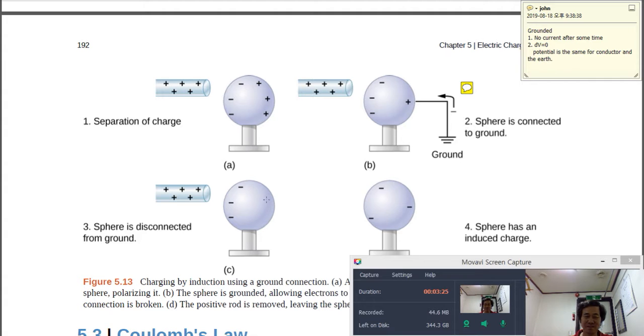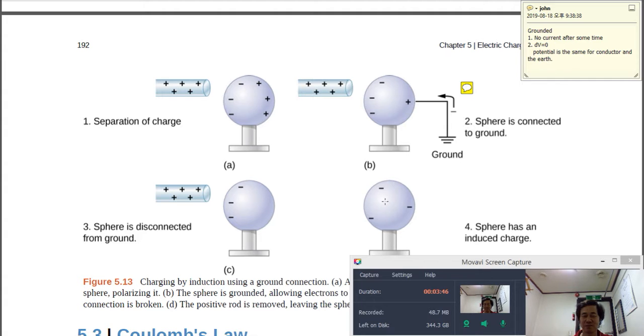Okay, and then we disconnect the wire to the Earth. And still we have extra electrons here, and we remove the positively charged rod.